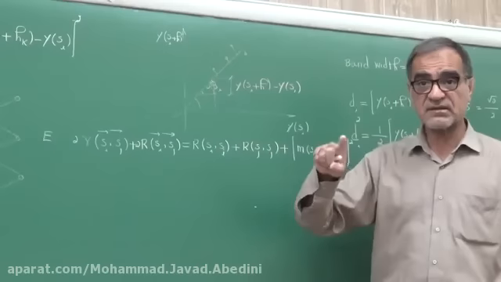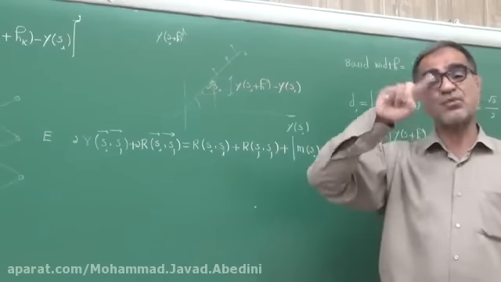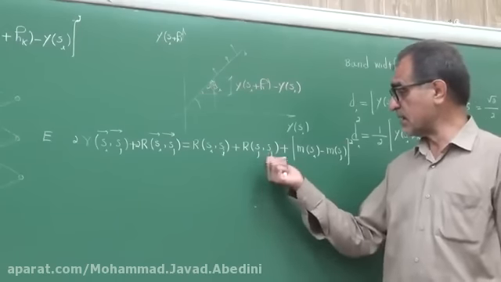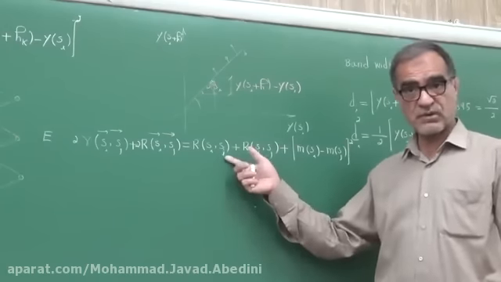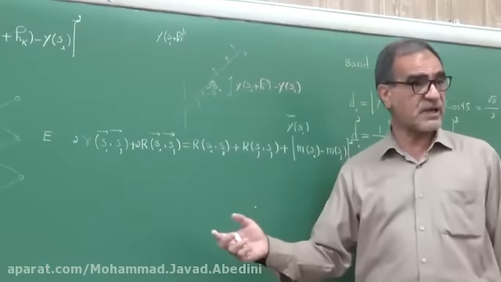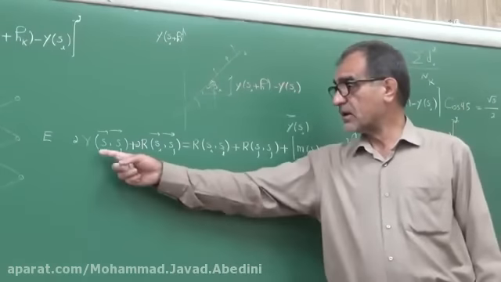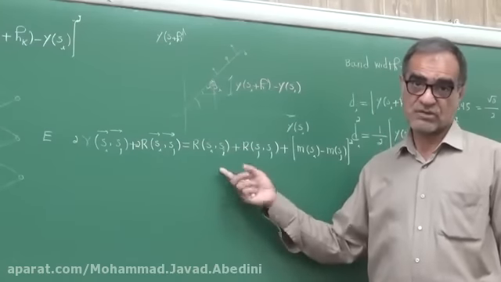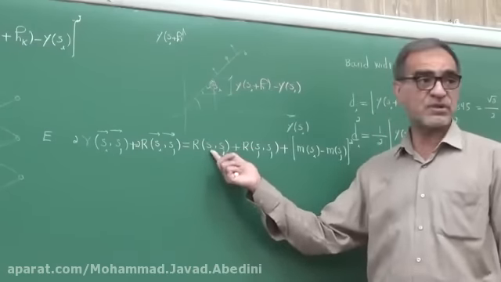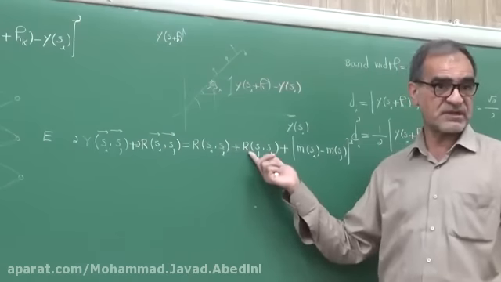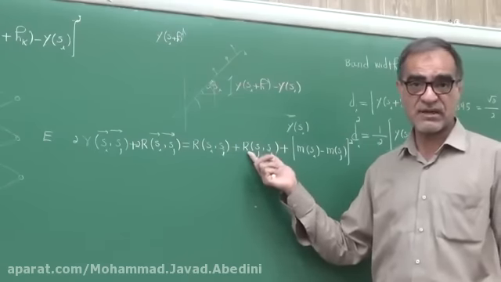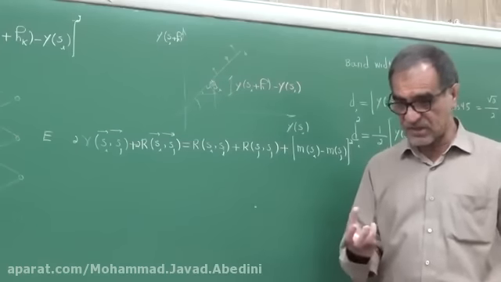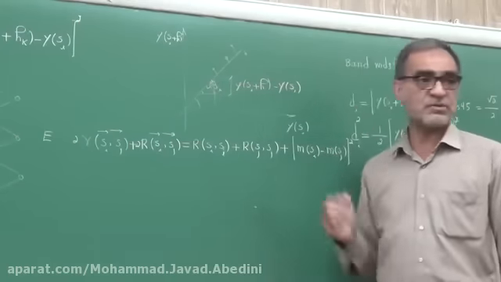If it happened that your mean is constant as well as your variance is constant, then you can replace this with this. It will become 2, and you can divide both sides by 2 to get gamma plus r equal to r at 0. Because the separation distance between these 2 points is 0, the separation distance between these 2 points is 0 as well. Then if your variance is constant, if your mean is constant, then gamma plus r is equal to r at 0.